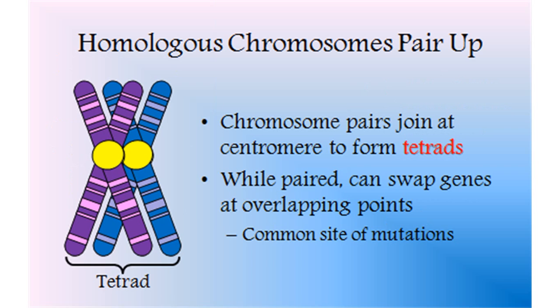Now, I mentioned that during prophase 1, homologous chromosomes pair up with each other. When I say they pair up, they're actually going to join together at their centromere and form these structures called tetrads. While they're paired up, their chromosome arms, as we call the parts that come away from the centromere, can overlap each other. And where they overlap, they can actually swap out sections of chromosome.